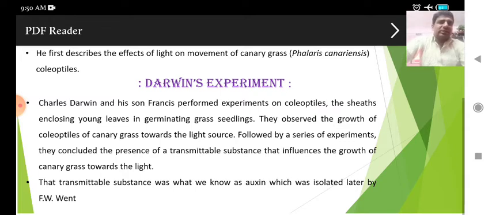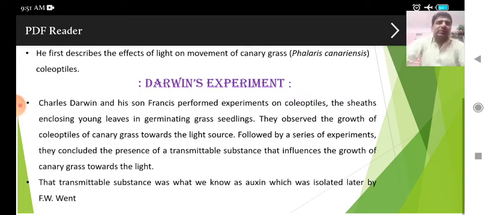Following a series of experiments, they concluded that the presence of a transmittable substance influences the growth of canary grass towards the light. Some component is transferred from the apex to the lower region, and that is responsible for giving the curvature of the coleoptile towards the light.